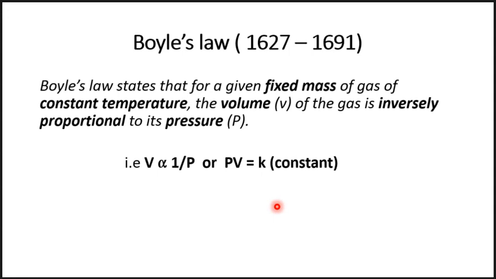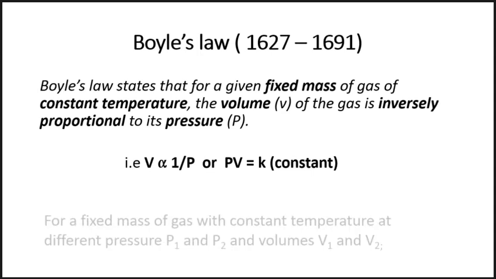Now, this is just for a fixed mass of gas, and this is just when we are considering a particular volume and pressure. The volume is inversely proportional to that pressure. Now, if we are considering a fixed mass of gas with the same constant temperature, but now different pressures and volumes, then what is going to be the result?